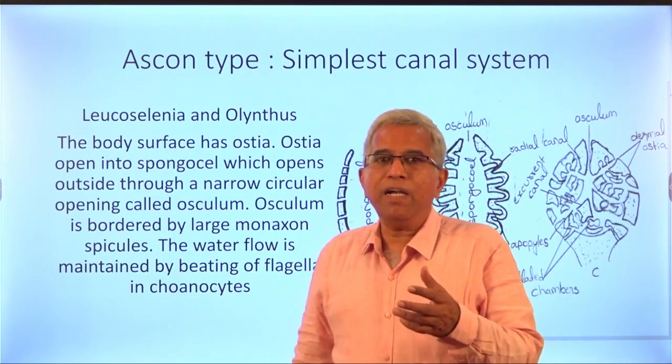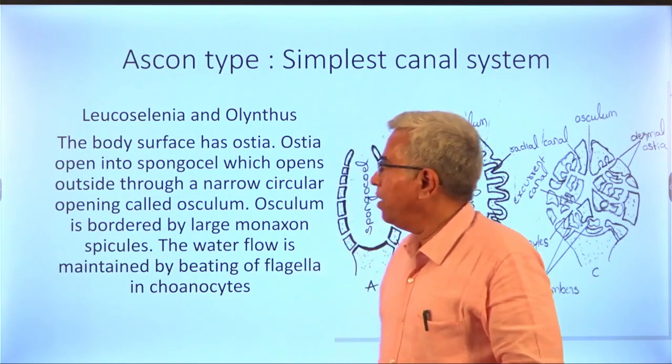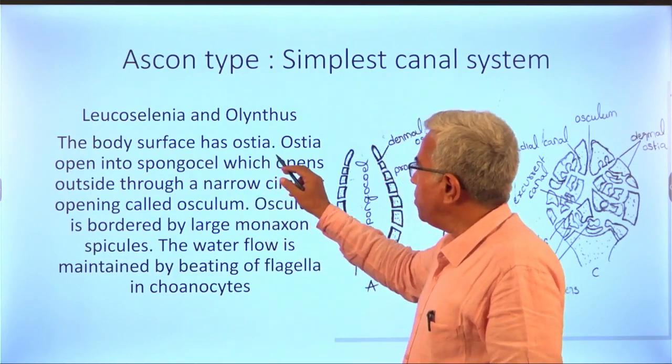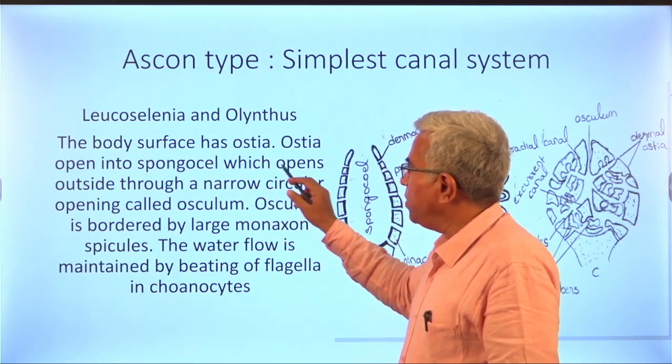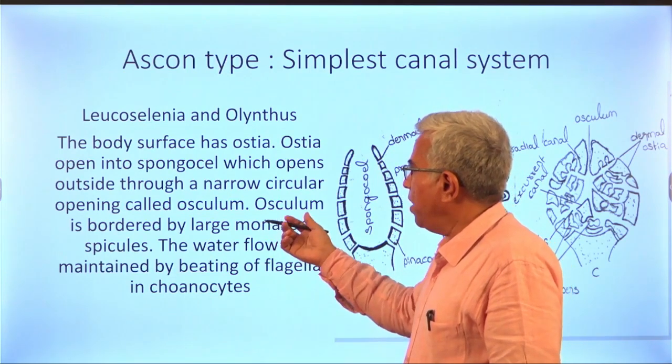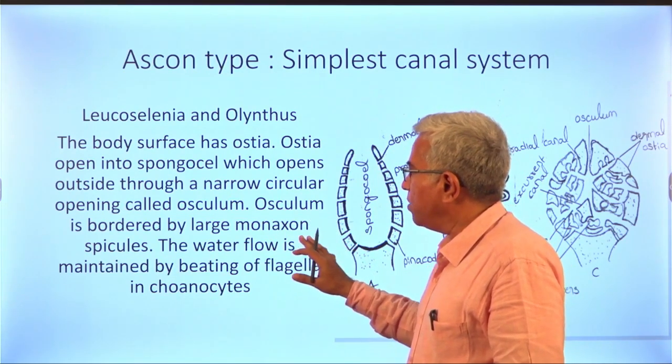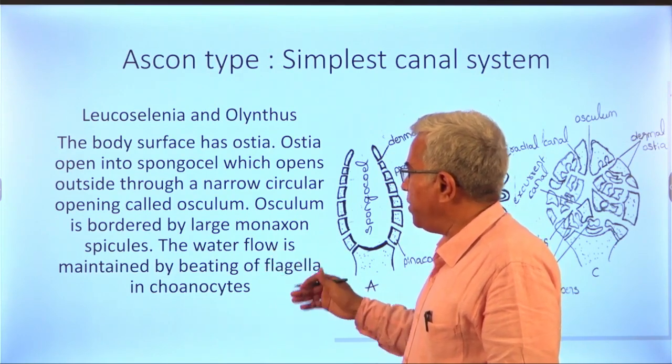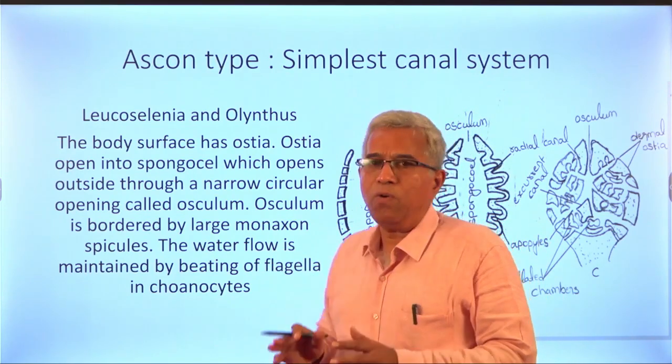Olynthus is nothing but the undifferentiated stage of sponge. The body surface has ostia. Ostia open into spongiocele, which opens outside through a narrow circular opening called osculum. Osculum is bordered by large monaxon spicules. The water flow is maintained by the beating of flagella of choanocytes.